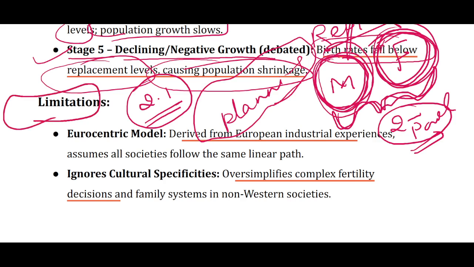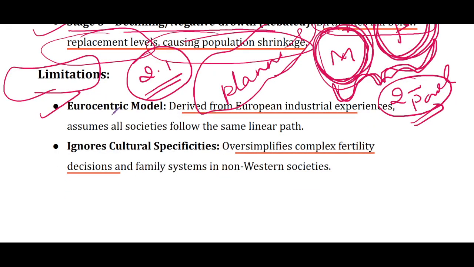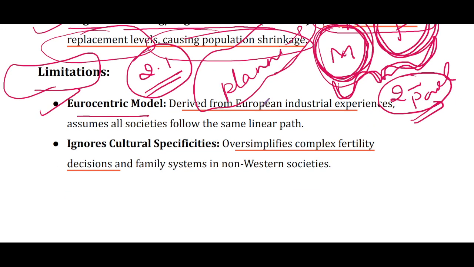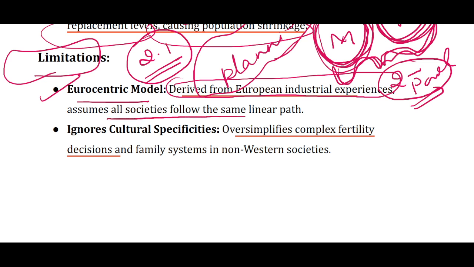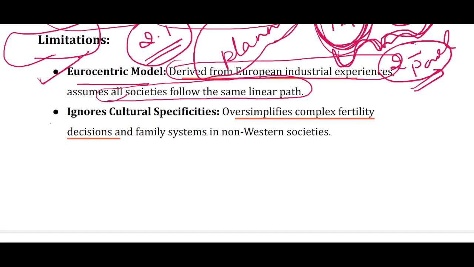Now, the limitations. First limitation is about the Eurocentric model, that all of its study, all of its model, is derived from European industrial experience, and it assumes that all societies follow the same linear path, which is not the case. Every society has its own different way. Then it also ignores cultural specificities.